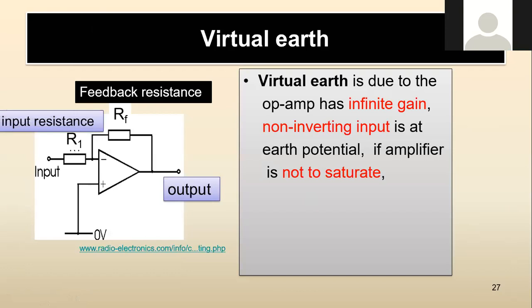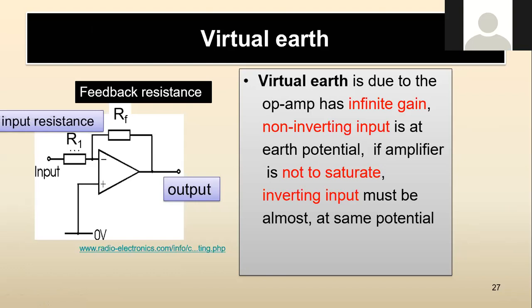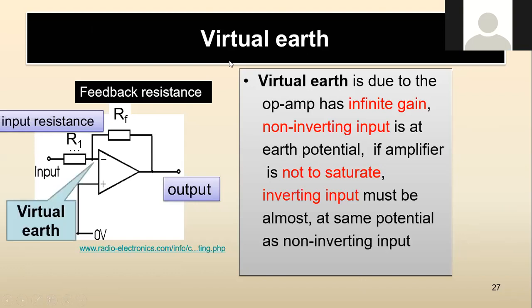Right? Because that's what we want, the amplifier not to be saturated. Both of them must be zero. So the inverting input and that input must be near to zero or the same potential. At that point there is your virtual earth.